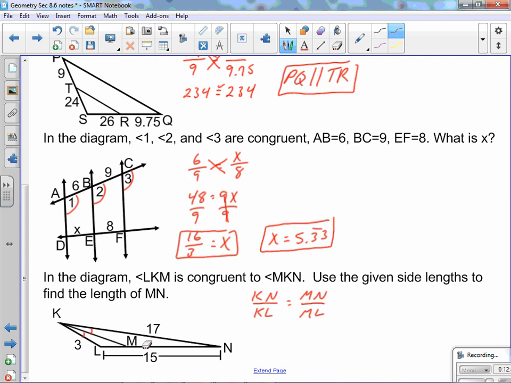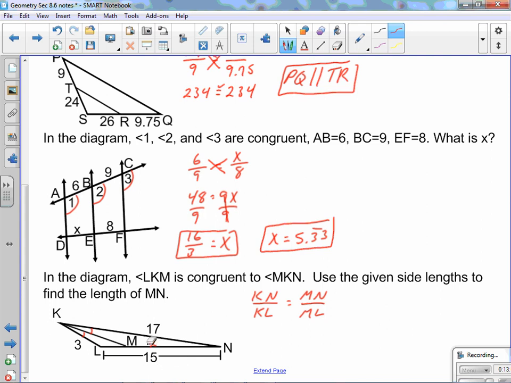So if MN is what we're trying to solve for, we would call that X. And if MN is X and LN is 15, then to have a value for LM, this is going to be whatever's left when you take X away from 15, right?